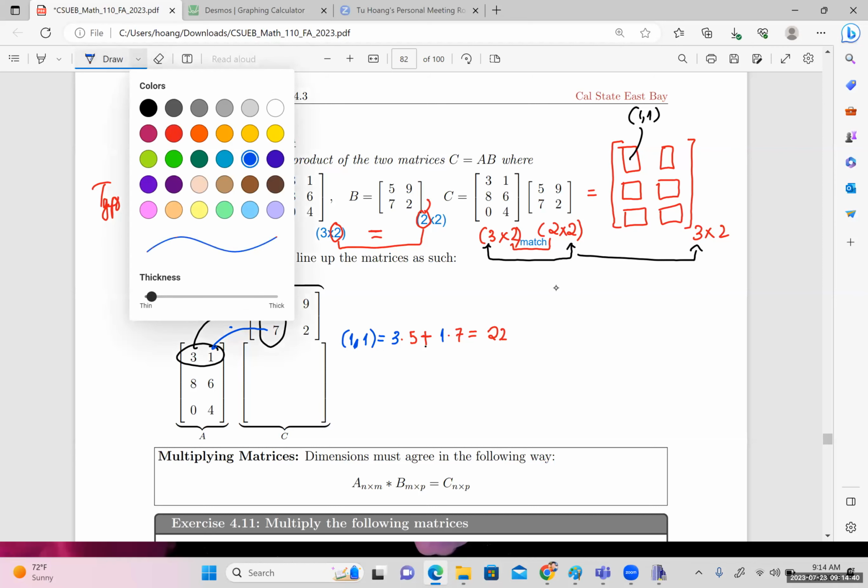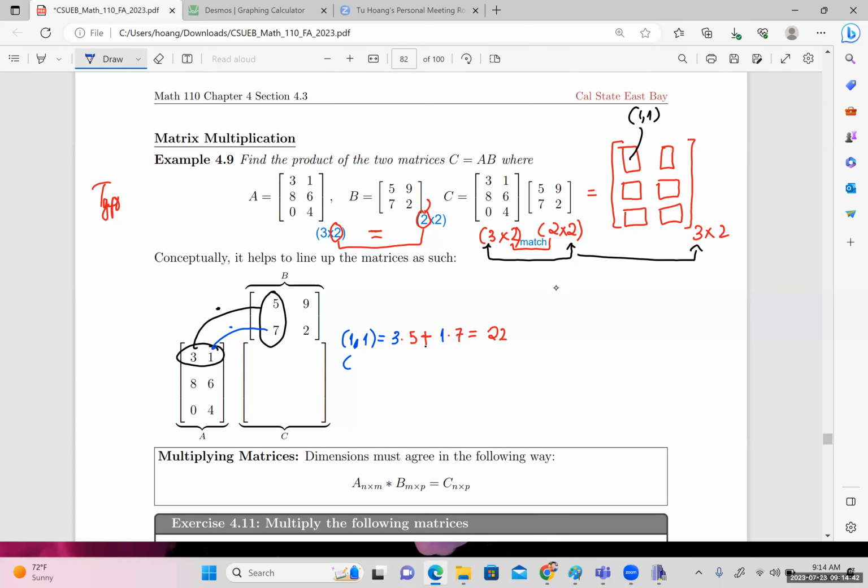The next one is entry 1 2, row 1, column 2.